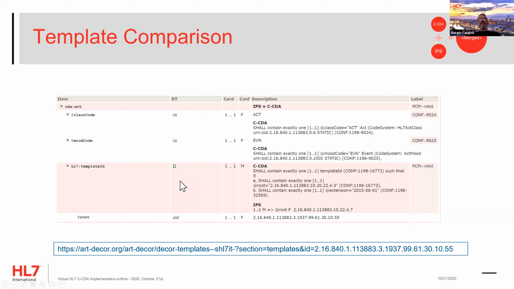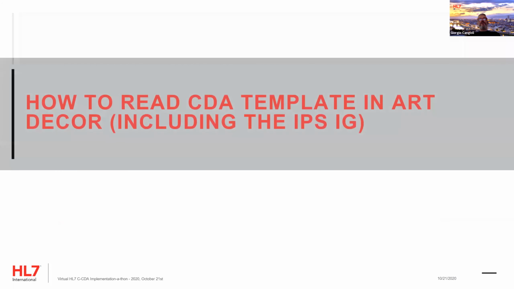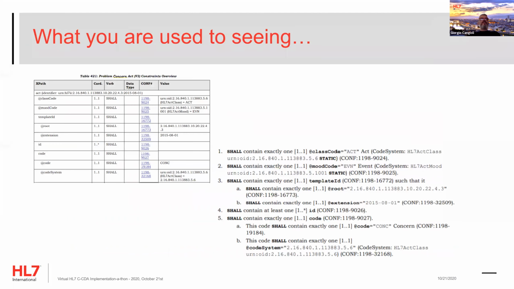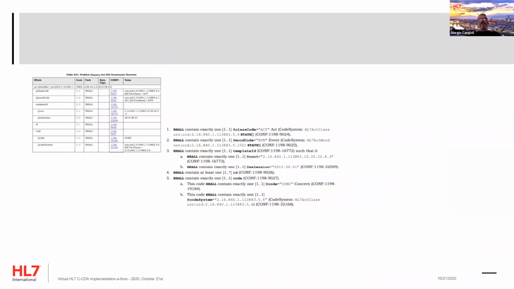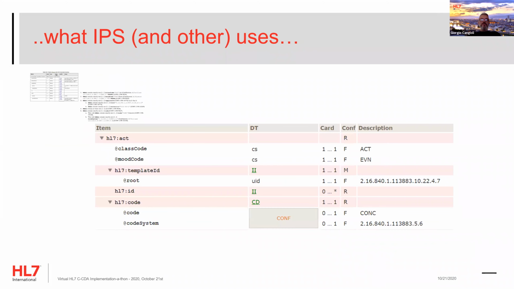Since most of you, I suppose, are more used to this kind of representation rather than this representation, let me spend a few minutes in order to facilitate the comprehension of this kind of representation of the template.